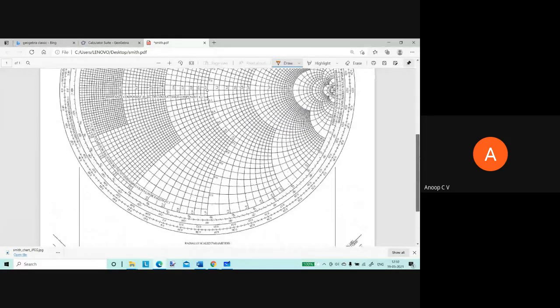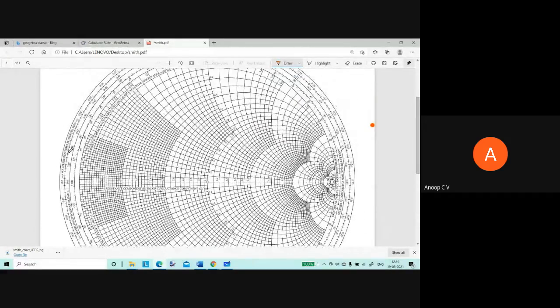Apart from that, you can see some other circles: wavelength towards generator, wavelength towards load. Are you seeing wavelength towards generator here? And here I'm highlighting wavelength towards load.